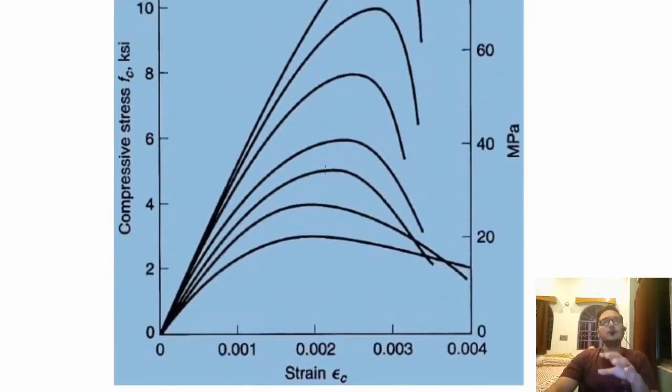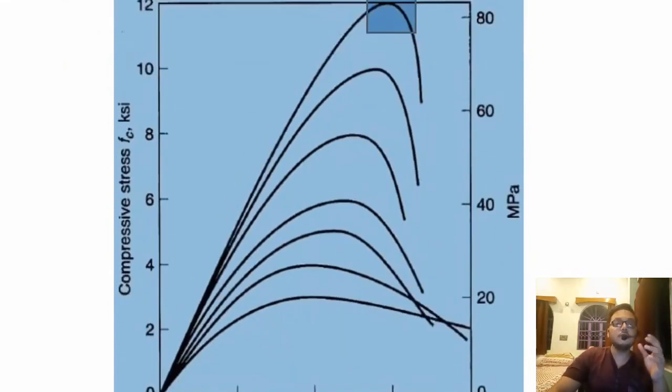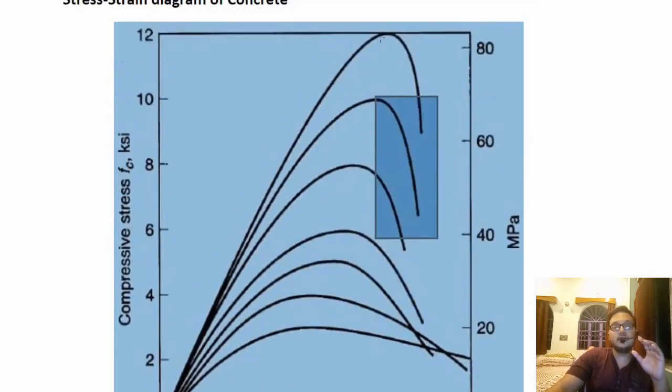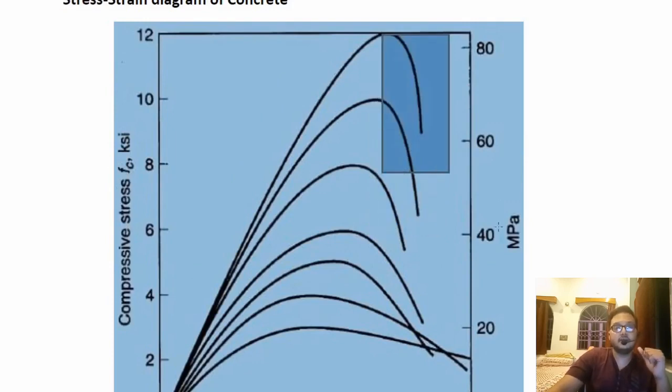But in other words, it will be a parabolic curve. Also, one thing can be noted: during the last part, after the peak value is achieved by that particular specimen, the collapse value is much higher for concretes with higher strength or higher grades.